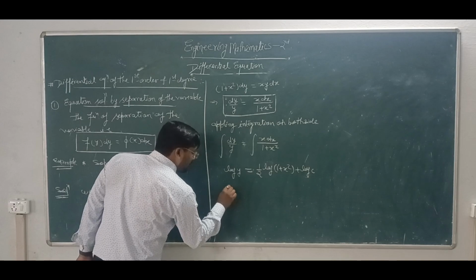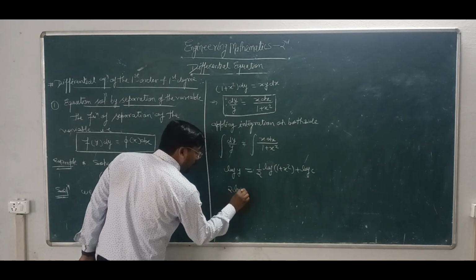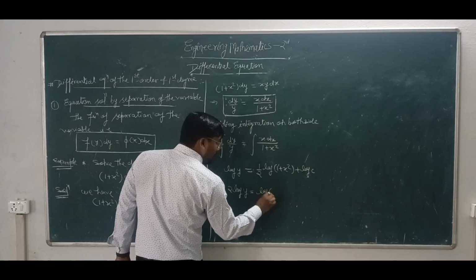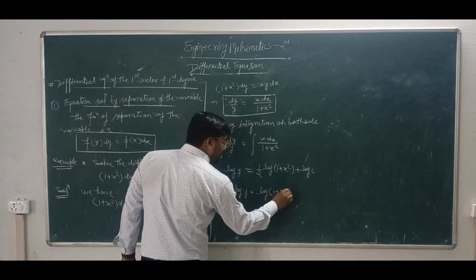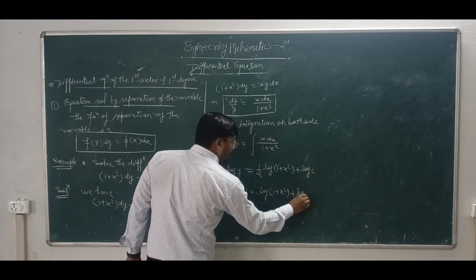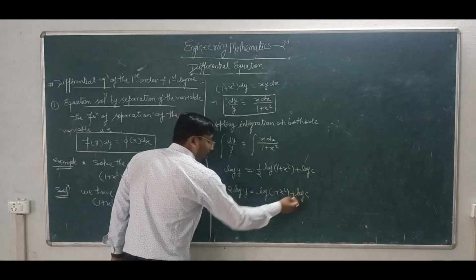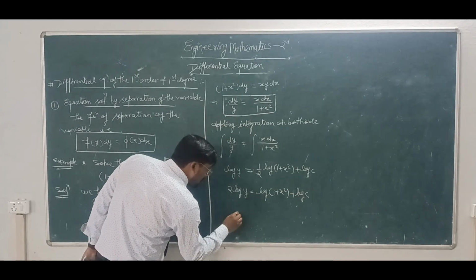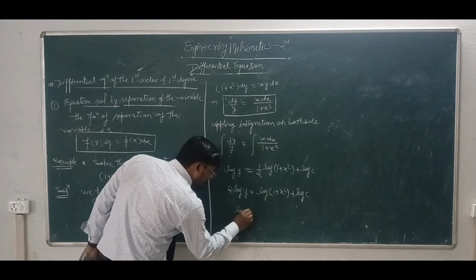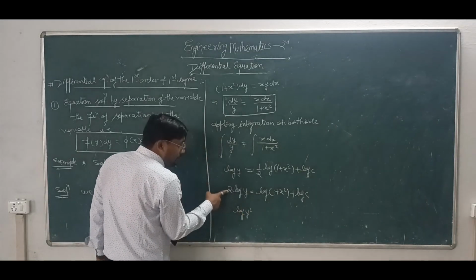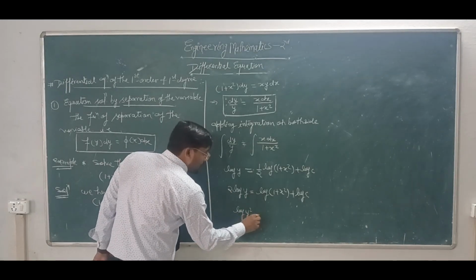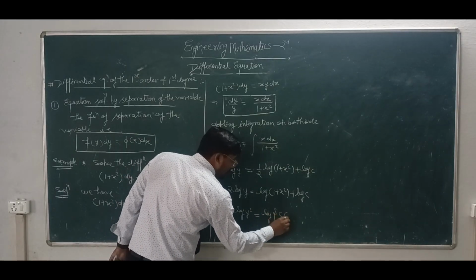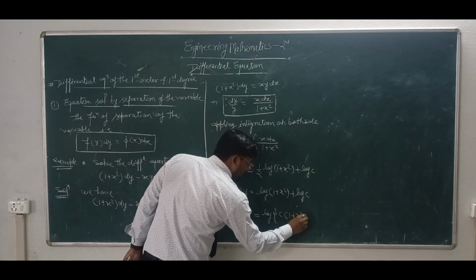Now you can write 2 log y is equal to log (1 plus x square) plus log c. Now log m plus log n is log m into n. This means log y square is equal to log c (1 plus x square).